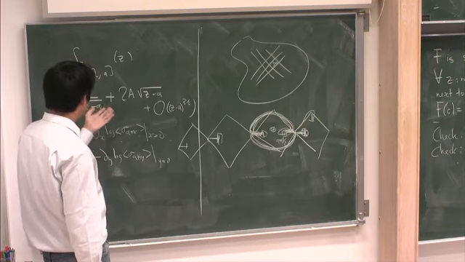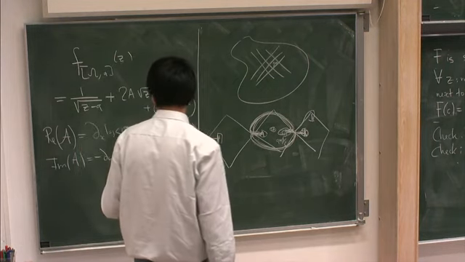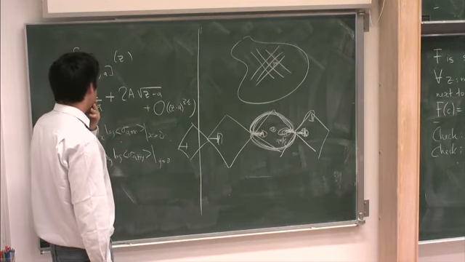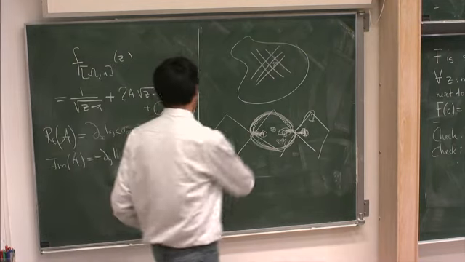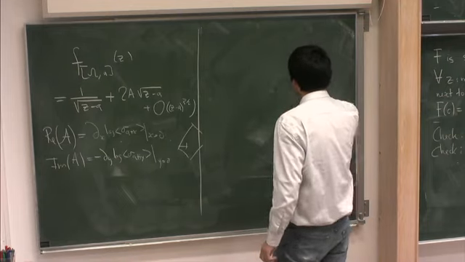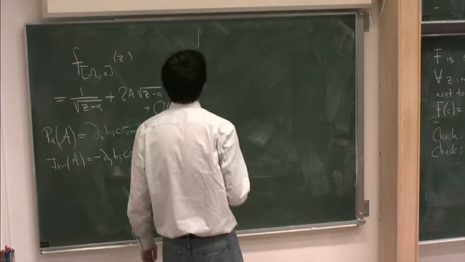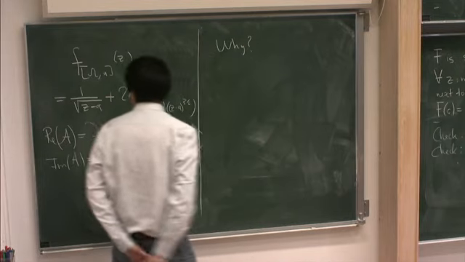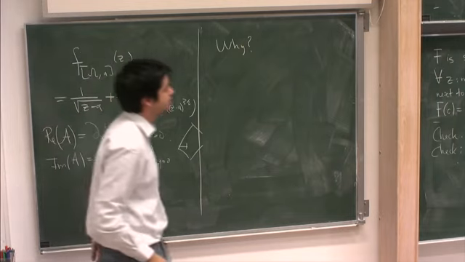So now, why is it that we obtain these things? Why is it that the formula suddenly pops out here like that? Well, the reason is the following. Obviously we have something at first order and something at second order.